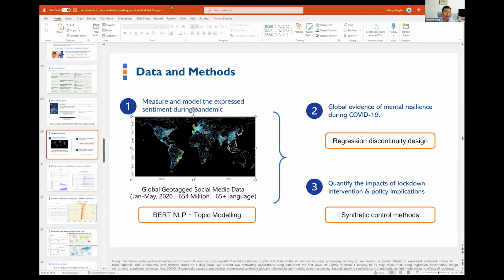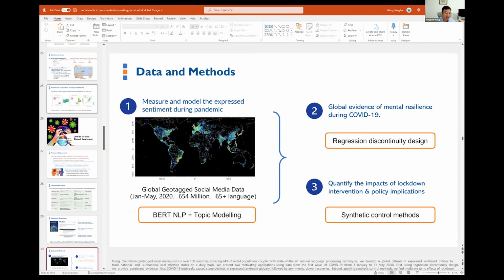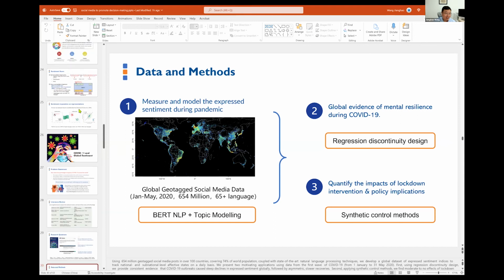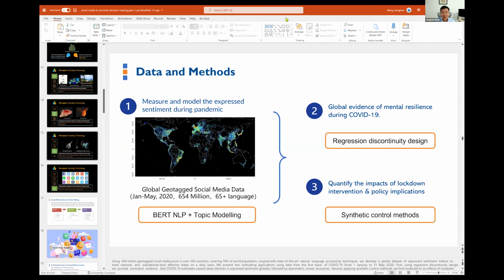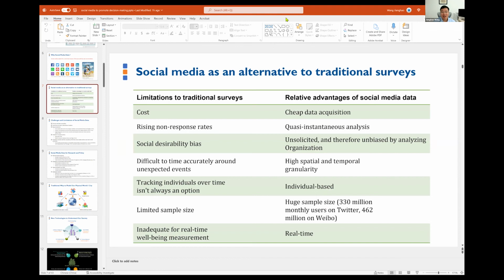Although I listed the limitations of the survey here, we all know we cannot replace surveys in our social science studies. It's valuable, but we can use both of them in social science studies.